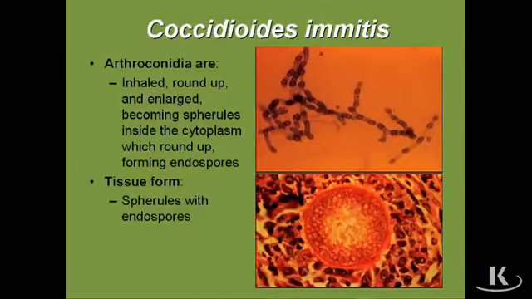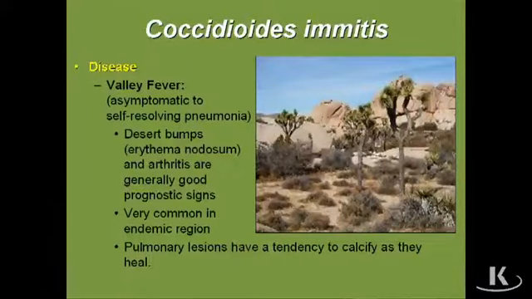Now, what's the disease? The disease is actually, again, an acute pulmonary disease, can cause pneumonia, all right? And actually, in the endemic area, this is said to be very common. I have a friend who's a cardiologist that actually did a pulmonary rotation out in Arizona, and he said that 1 out of about every 4 patients they saw had coccidioides or desert valley fever.